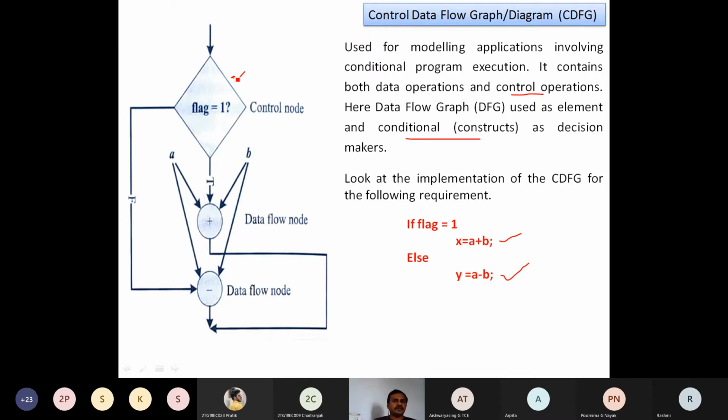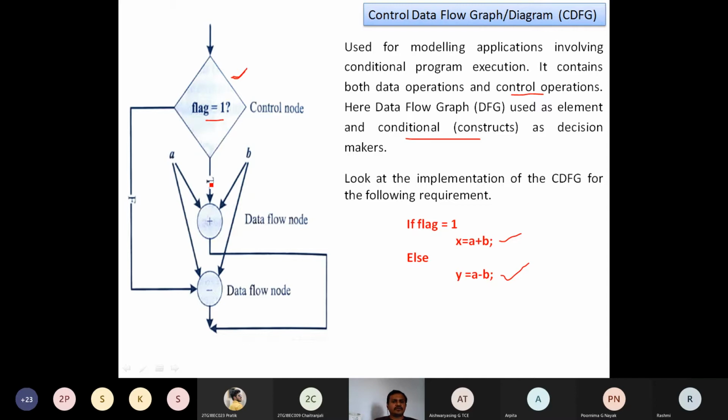So here is the graph. The diamond symbol is used for performing the control operations. So here the data is coming, and it is going to check whether flag is 1 or not. The condition is going to give two answers, true or false.